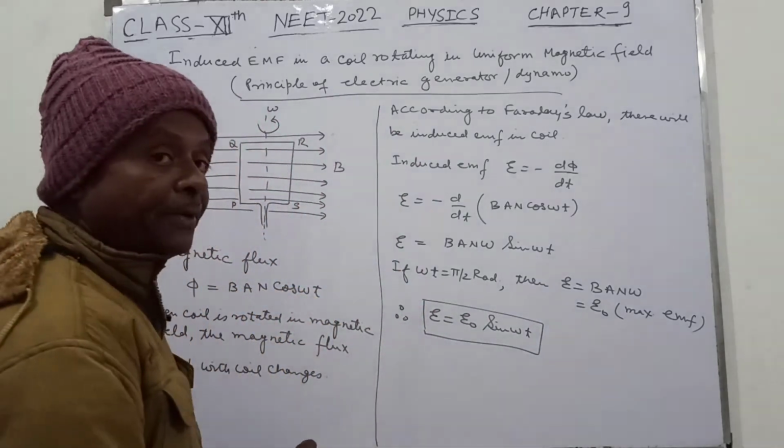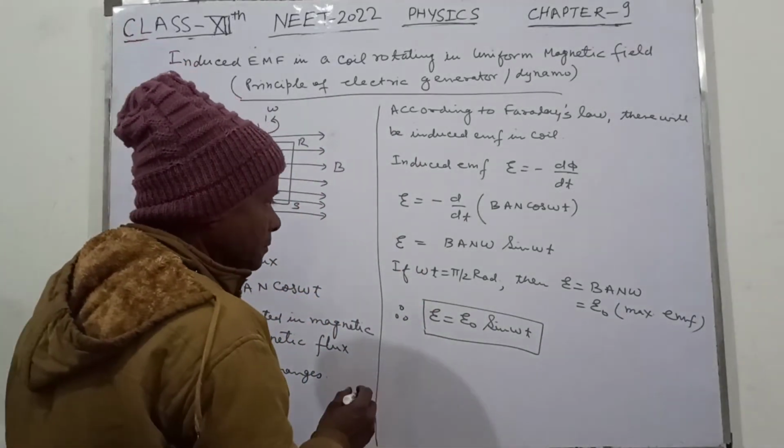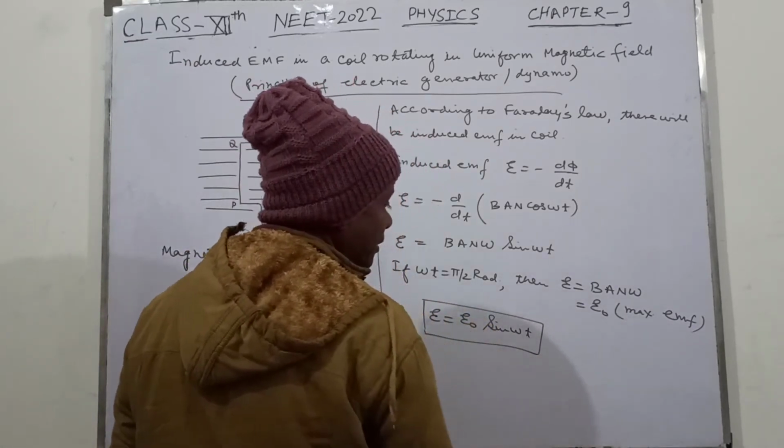Now E naught is the peak value of the induced EMF. Maximum EMF means this is the peak value.